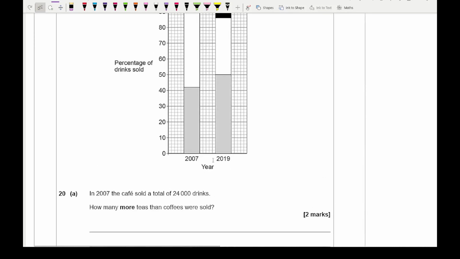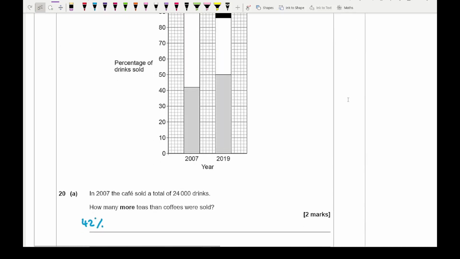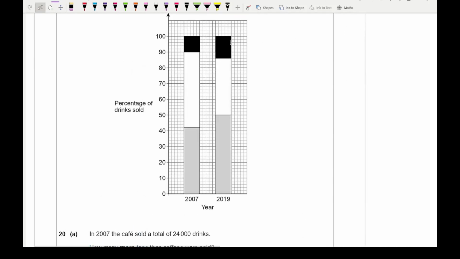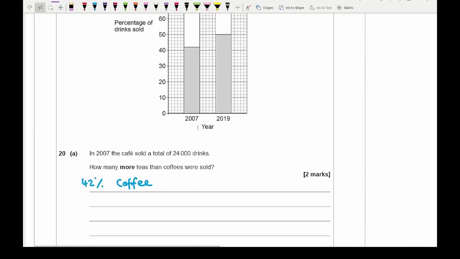So in 2017, we've got 42%, and light grey is coffee, and we've got a percentage of 90 take away 42, which gives me an answer of 48.